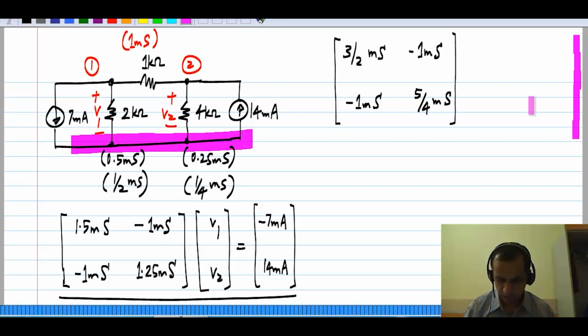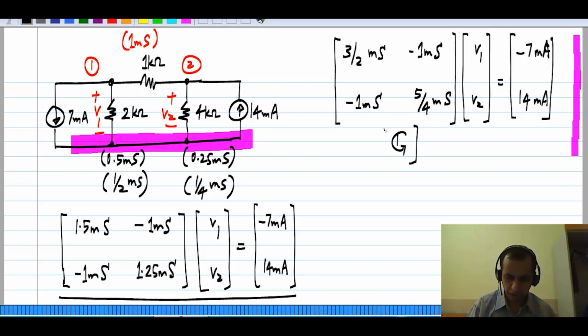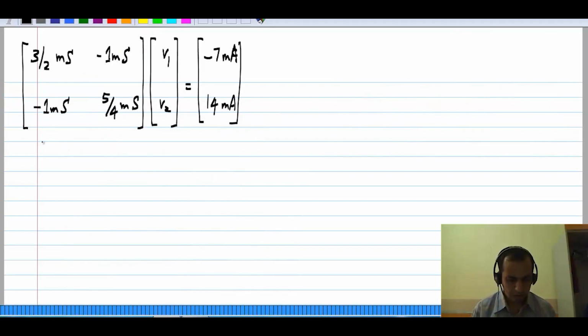I will put it down this way. Minus 7 and plus 14 milliamps. Okay, so this is G, and this is V, and this is I.